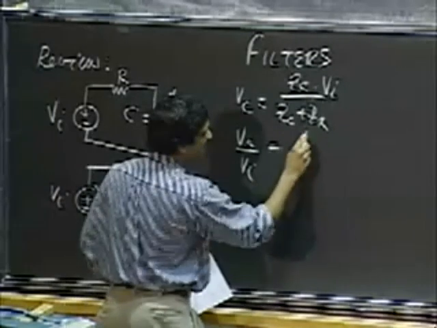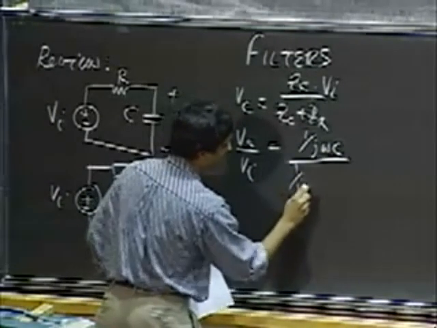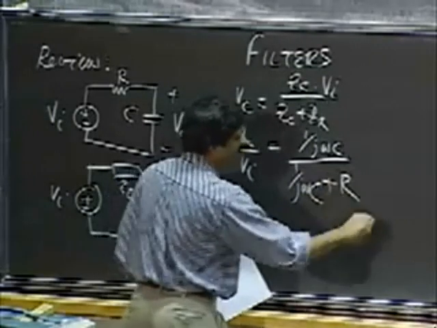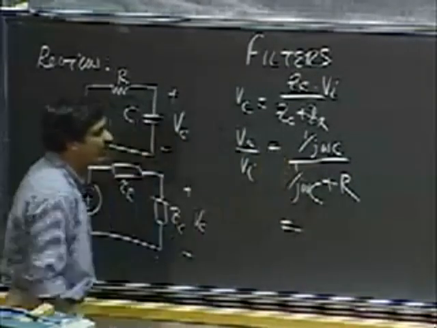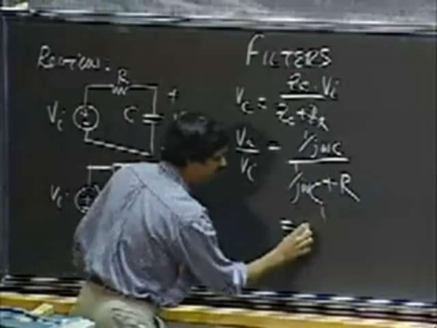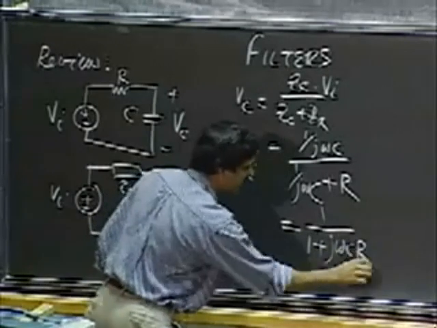And ZC I know to be 1 by j omega C, plus R. Multiplying throughout by j omega C, I get 1 divided by 1 plus j omega C R.